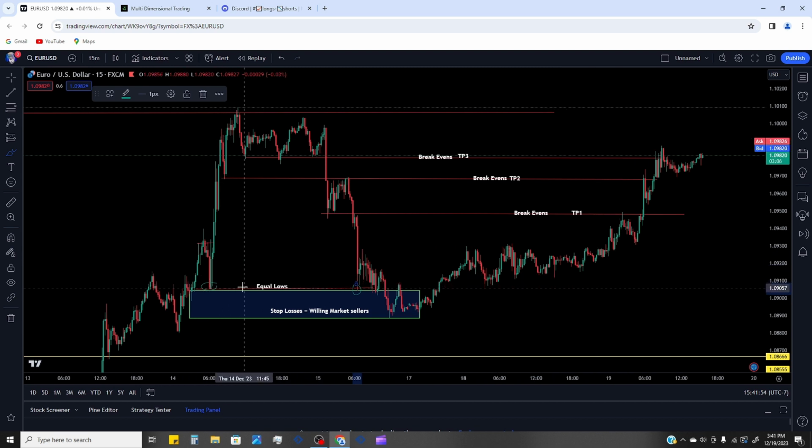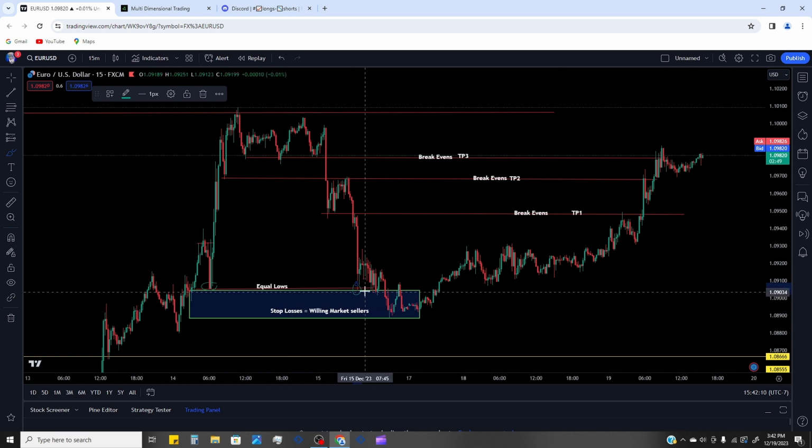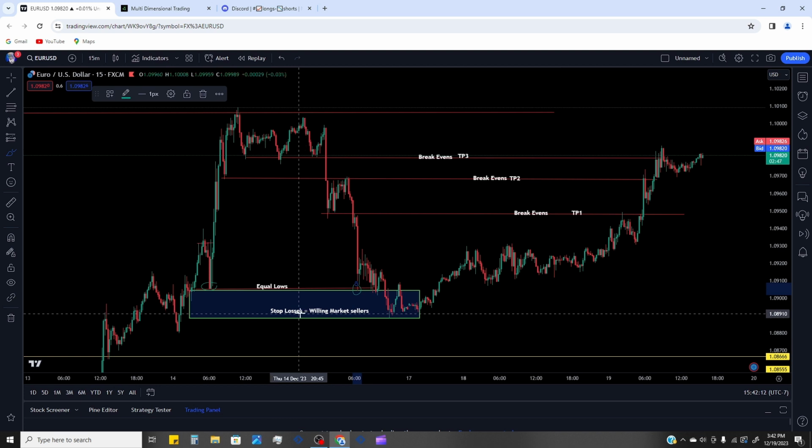As you can see here, guys, we have the equal lows, right? And right below the lows are where most traders, including myself, will place stop losses. Okay, now what are stop losses?